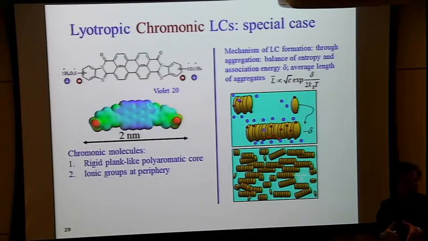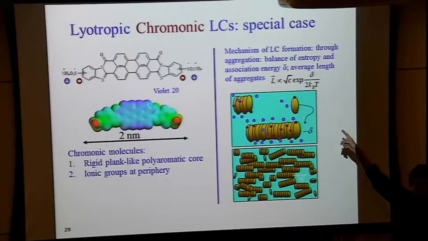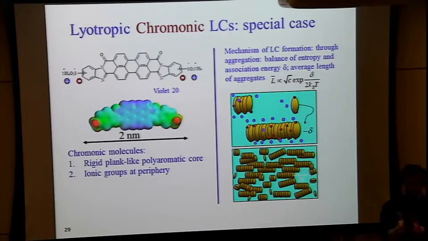The balance of this enthalpy and entropy leads to a very simple estimate of the length, which is the square root of the concentration of these molecules, and on top, the energy of the stickiness, which can be tuned by the ionic strength. It's an amazing thing. You take the isotropic solution of the chromonic, you salt it a little bit, and boom, it goes into the nematic phase. It's like a nematic margarita if you put in just so.